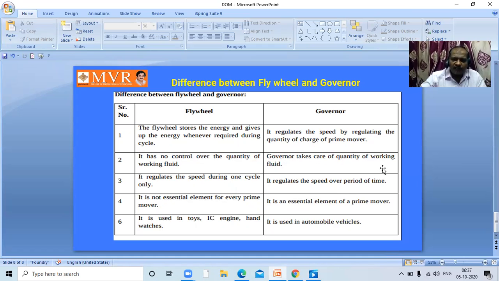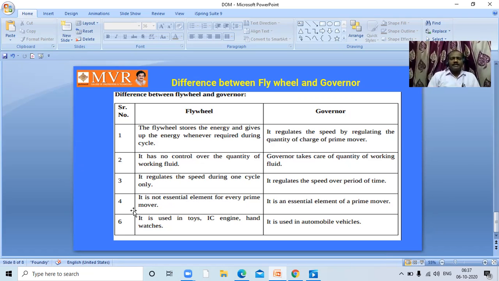The governor takes care of the quantity of working fluid. The flywheel regulates the speed during one cycle only. The governor regulates the speed over a period of time. It is an essential element for a prime mover. It is used in toys, IC engines, hand watches. It is used in automobile vehicles.